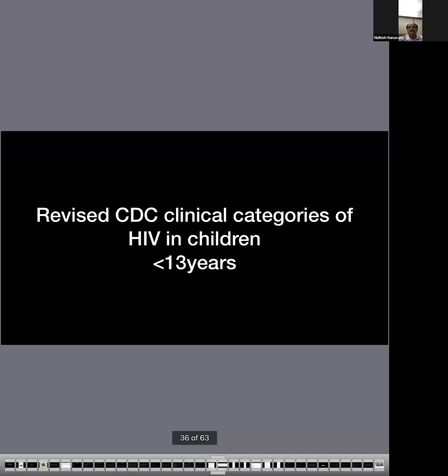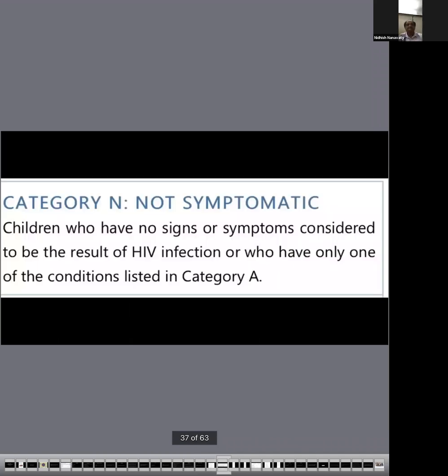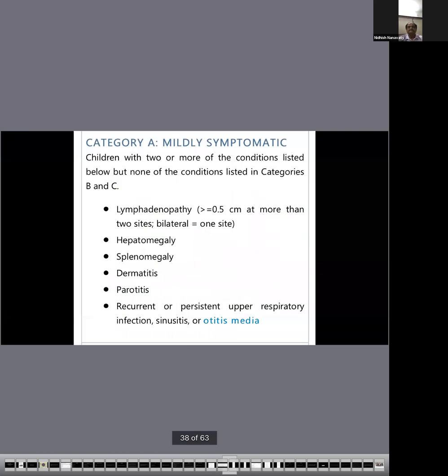Revised CDC clinical categories of HIV in children less than 13 years. Category N is non-symptomatic: children who have no signs or symptoms considered to be the result of HIV infection, or who have only one of the conditions listed in category A. Category A includes lymphadenopathy, less than 0.5 centimeter, either at one site or bilateral, hepatomegaly, splenomegaly, dermatitis, parotitis, and recurrent or persistent upper respiratory infection.